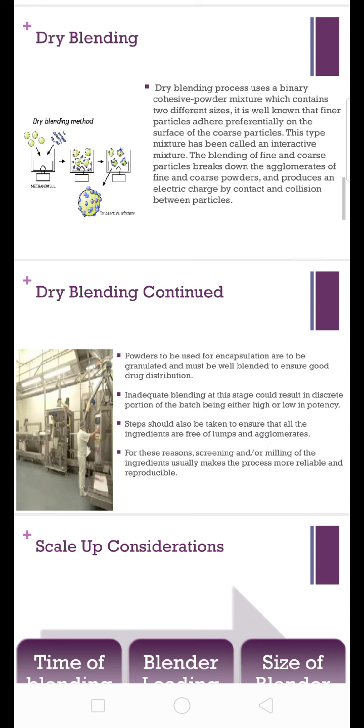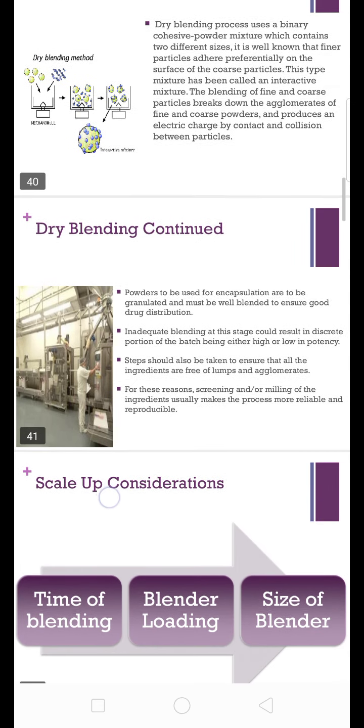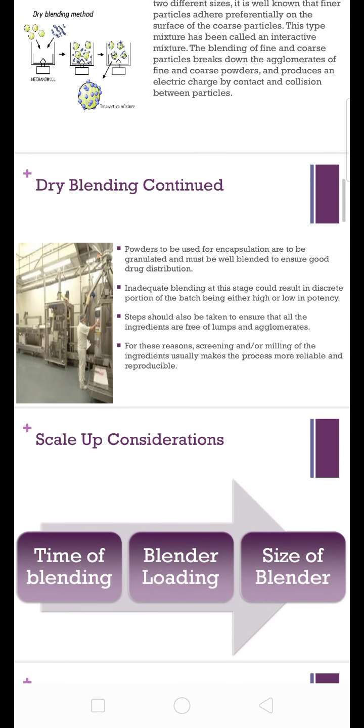Now when the powder needs to be used for encapsulation, then it is required to be granulated. Why? Because of good particle size and good drug distribution. If the powder is granulated, then it has good distribution as well as good flow property, so it will give good content uniformity.